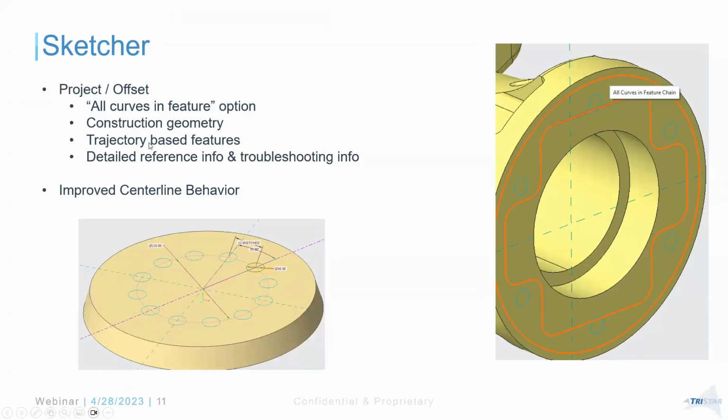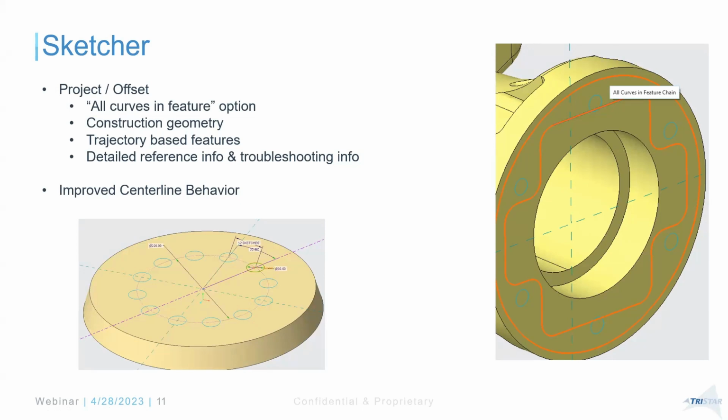And the construction geometry is also supported for project and offset in Sketcher. For workflows using trajectory-based features like a sweep, a swept blend, or a blend, you're now better able to use project and offset on curves that were created using intersect, or imported, like what I just showed you.